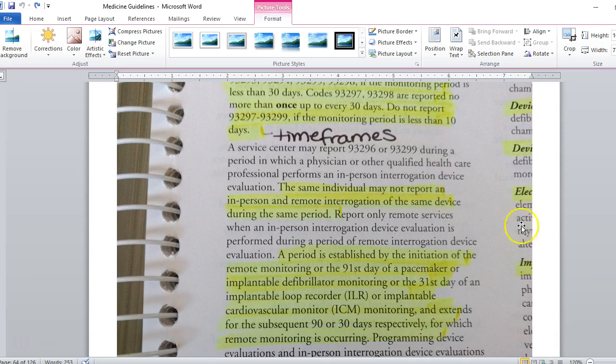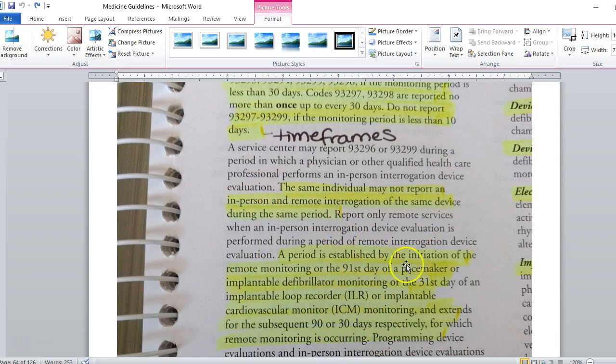The other thing we need to keep in mind, it tells us a period is established by the initiation of remote monitoring or the 91st day of a pacemaker or implantable defibrillator monitoring, or the 31st day of an implantable loop recorder or implantable cardiovascular monitor, and extends for a subsequent 90 or 30 days respectively for which remote monitoring is occurring.